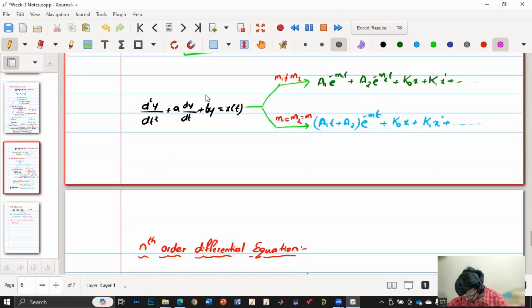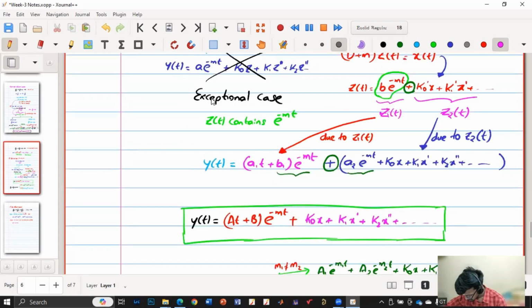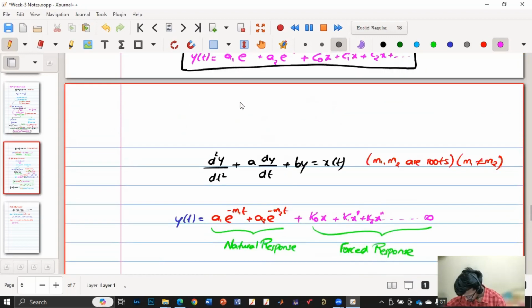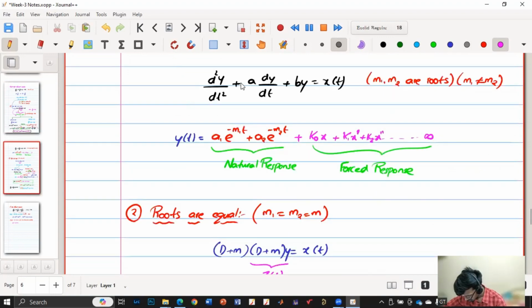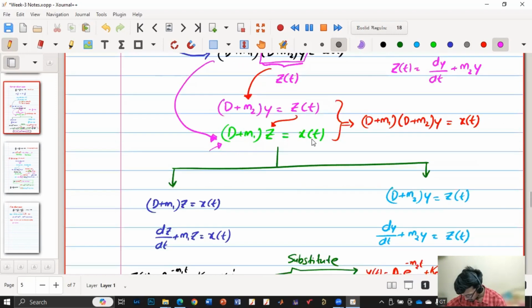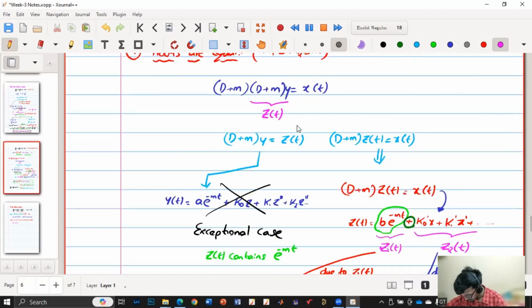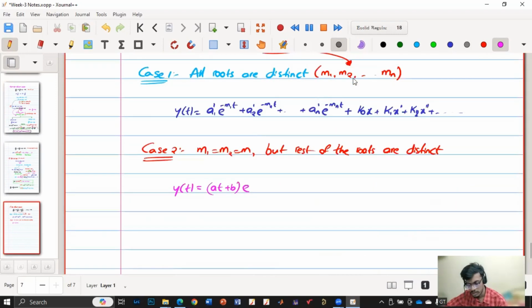Okay, just a minute. Here actually the roots are minus m1 and minus m2, because it is d plus m1, d plus m2. So the roots are actually minus m1, minus m2, and that's why we are getting minus m1t.